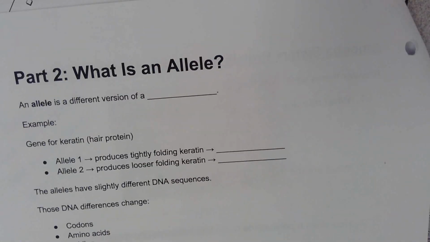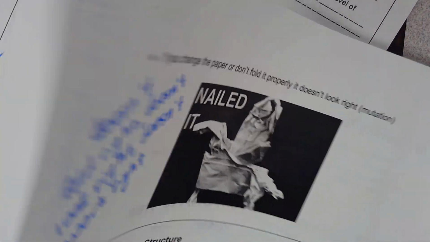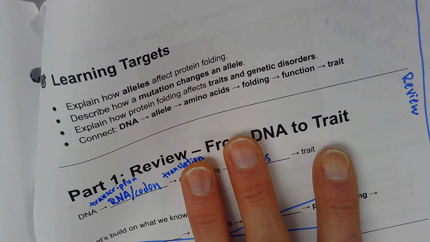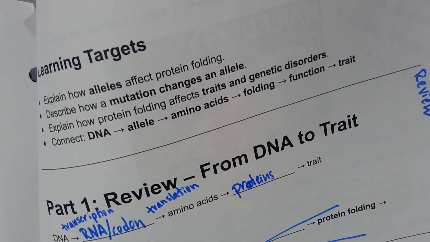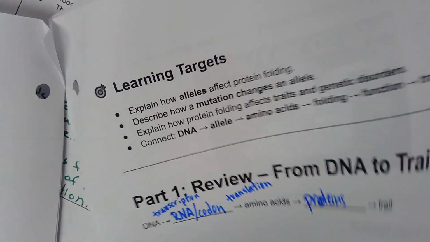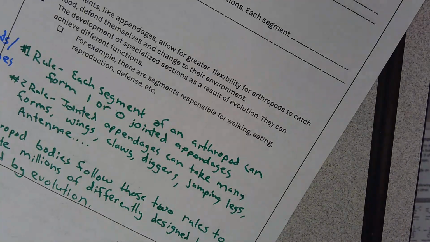What we did yesterday is we talked again about the DNA. We talked about that protein folding, of how the different amino acids change and how it all folds together.